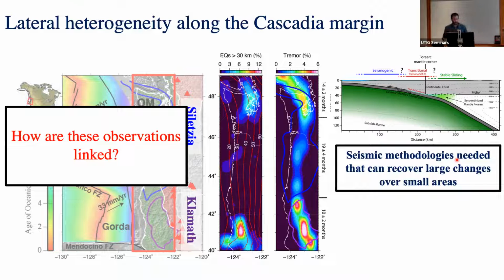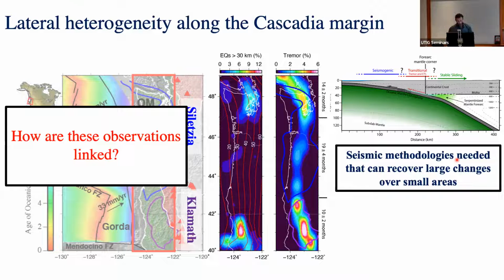For instance, we know that the crust is the most seismically heterogeneous layer on Earth, strictly due to variations in composition. When you start adding water to it from these dehydration reactions, you get another free parameter that can really affect the seismic properties that you're recovering.